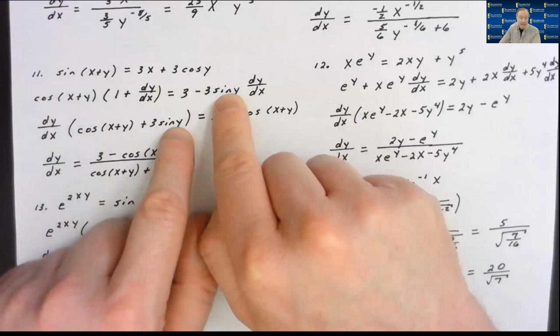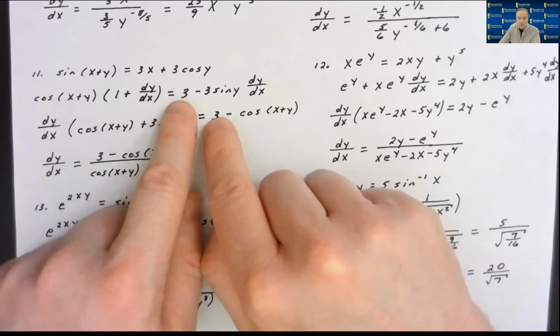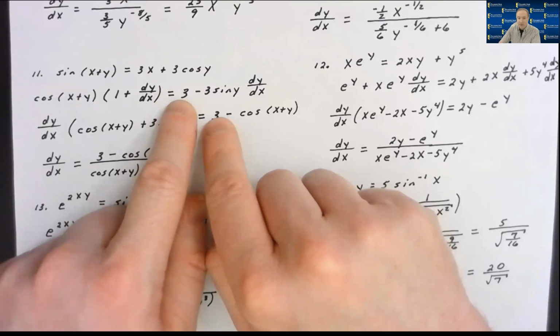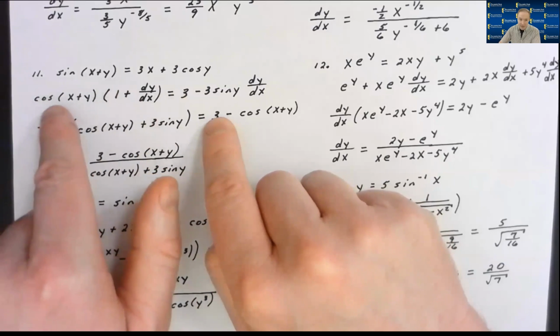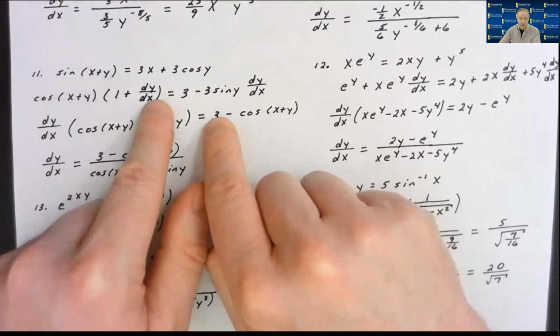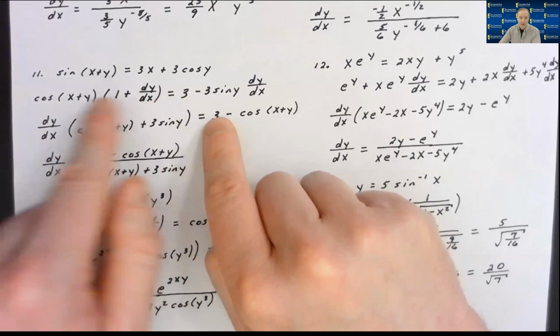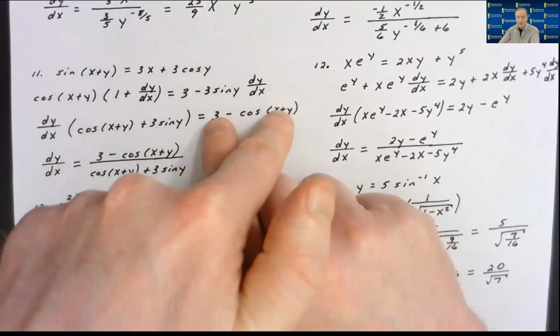Now, I need to make sure you see where I'm getting the rest of this from. Well, the 3 was already over on the right, but I need to move any other term that doesn't have a dy/dx to the right as well. And you need to understand that there's another cosine of x plus y term that is not multiplying the dy/dx on the left. So that cosine of x plus y needs to move to the right-hand side.